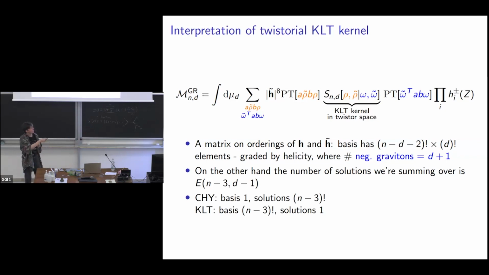So if you know how the double copy works in CHY, there we have a basis of just one element, because you can basically divide your integrands. But we're summing over n-3 factorial solutions. And as I said, in KLT, we have a basis of size n-3 factorial. So this is in some way a bit different. It's kind of in between these two extremes.